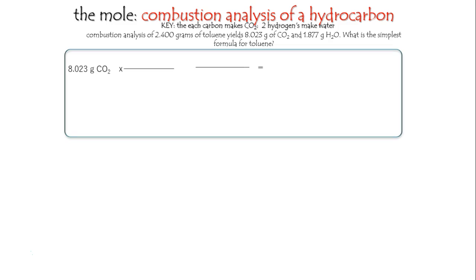And we start with what we're given. So that 8 grams of carbon dioxide, since 44 grams is a mole, and each mole corresponds to 1 mole of carbon, we must have 0.1823 moles of carbon that we burned. You could write C 0.1823 as a subscript, and that's what I normally do.